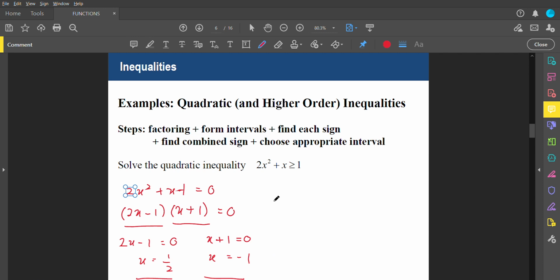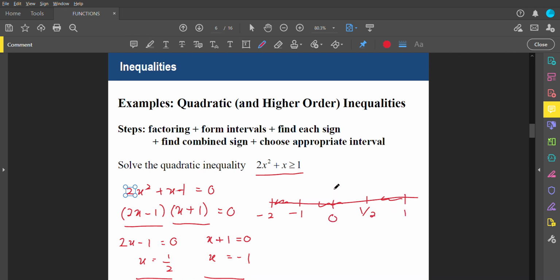And then we are going to draw our number line. You place negative 1 here and 1 over 2 here. Then you try to plug in values from each region into your initial inequality to see whether it works or not. For example, I plug in negative 2 here, 0 here, and 1 here.